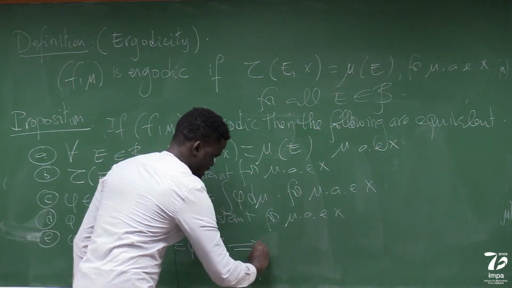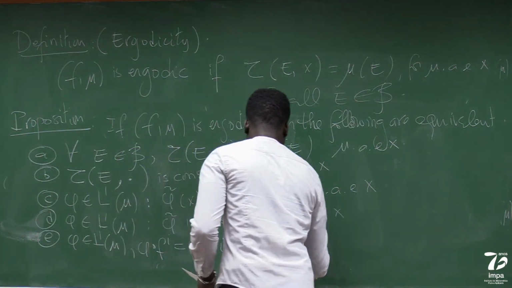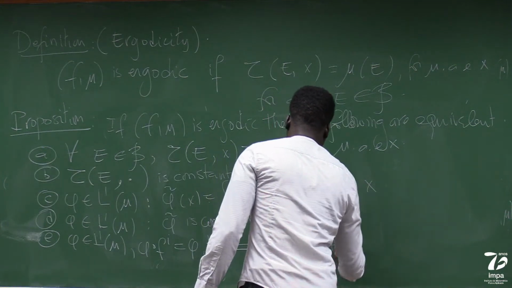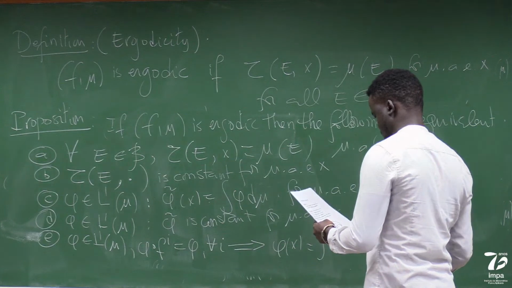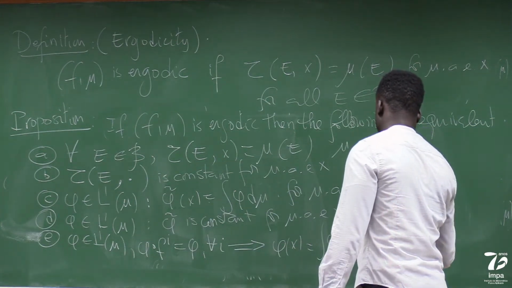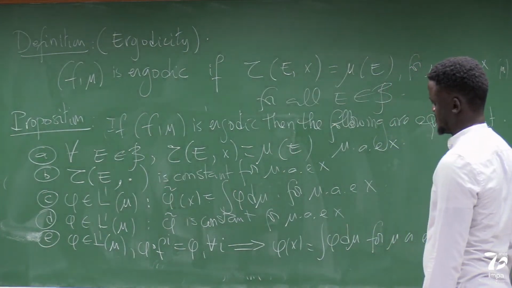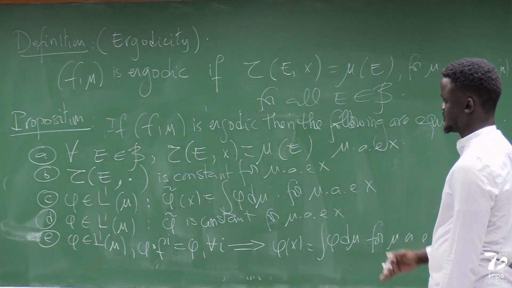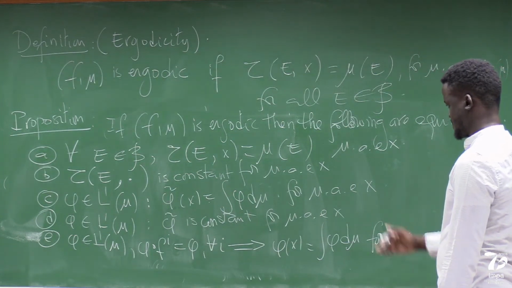So this implies that phi of x is the integral of phi d mu, for mu almost every x. This is a characterization of ergodicity that tells you that invariant functions are constant, like fixed points of Koopman operators are constants.